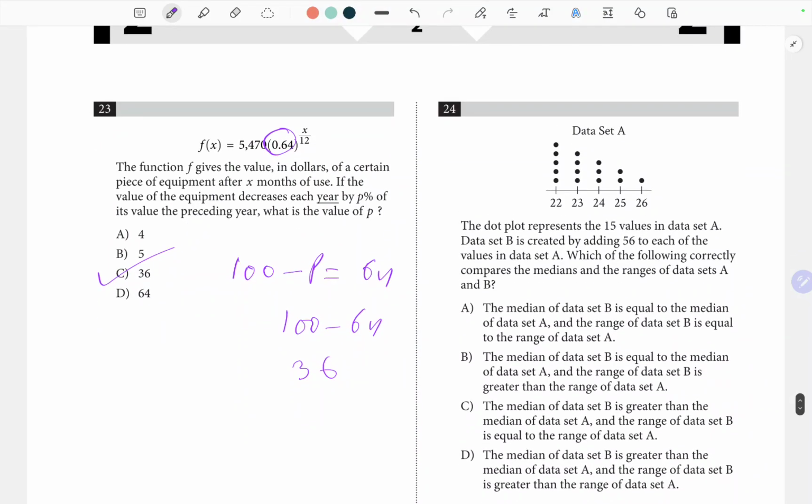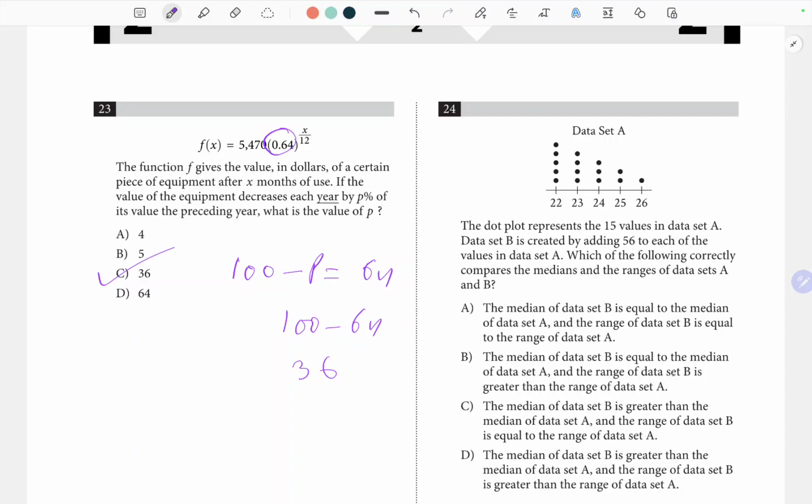Data set A. The dot plot represents 15 values in the data set A. Data set B is created by adding 56 to each of the values in data set A. Which of the following correctly compares the median and the range of the data sets A and B? Median of data set B is equal to median of data set A, and the range is also the same. Range will be different.